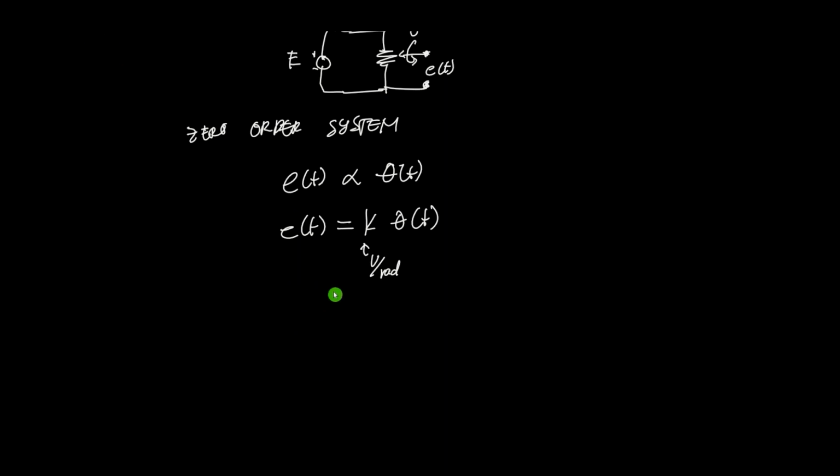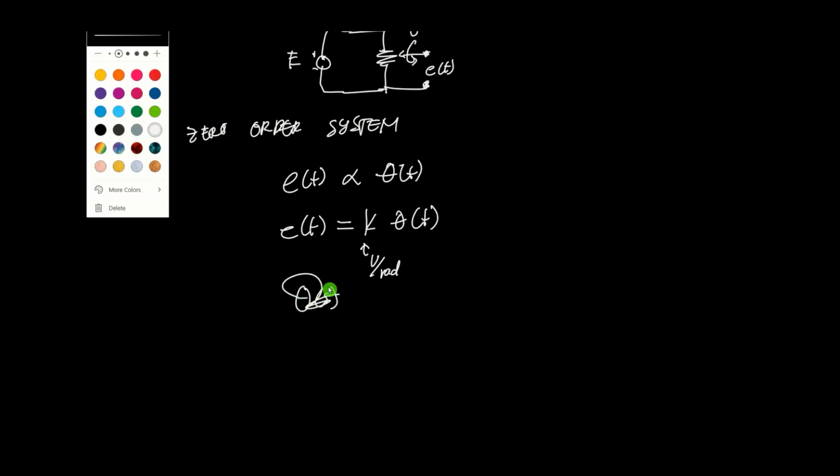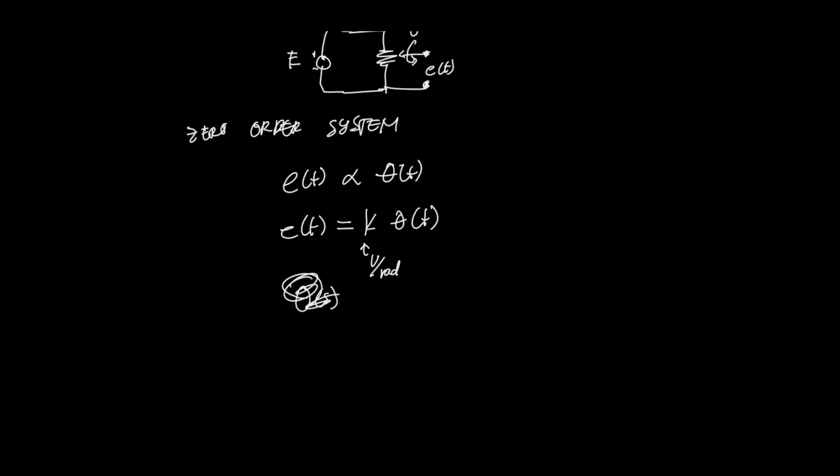So we can write this in the S domain: the output is the voltage E of S over the input theta of S, and this is just equal to a constant K. So this is a zero order system.